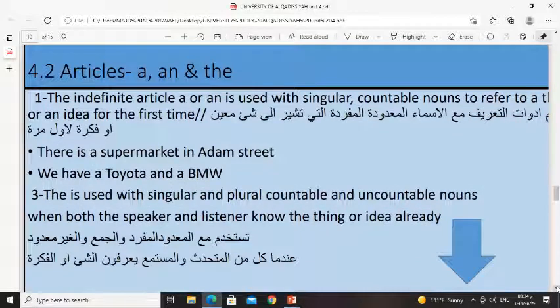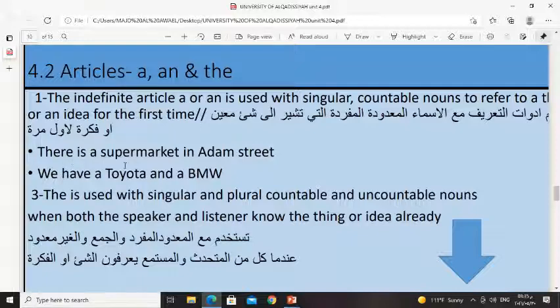Articles are a very important subject. Articles are a, an and the. The indefinite article a or an is used with singular countable nouns to refer to an object or an idea for the first time. يعني الـ a والـ an أدوات تنكير تستخدم طبعا مع الأسماء المفردة للإشارة إلى فكرة في أول وقت طرحها.